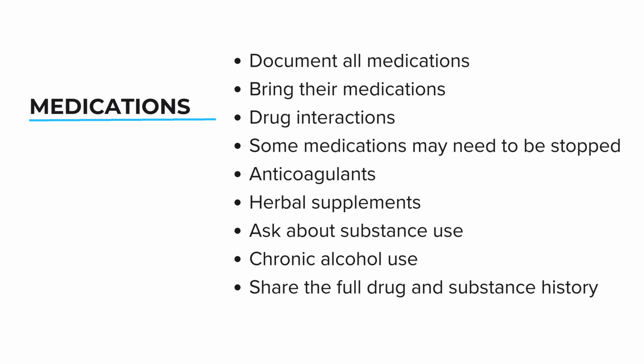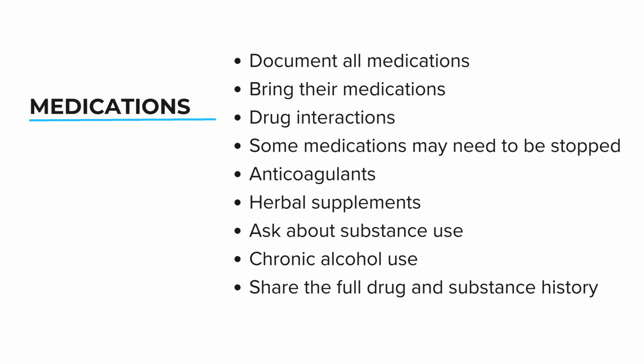Patients on anticoagulants or blood thinners like warfarin, Xarelto, and Eliquis need a special plan, such as pausing them or taking alternative medications. Herbal supplements can increase bleeding risk, especially when combined with blood thinners.